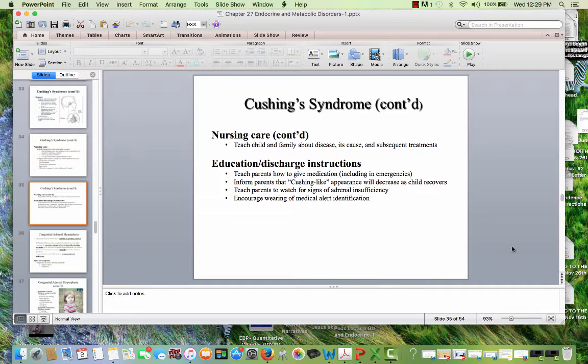The patient will need to be taught about stress dosing with the hydrocortisone injections during times when the child is extremely ill, has a fever, is vomiting, experiencing trauma, or is going in for surgery, and how they need to make others aware of that, even if they're going in for a dentist appointment or have their wisdom tooth extracted. It's very important for others to know.